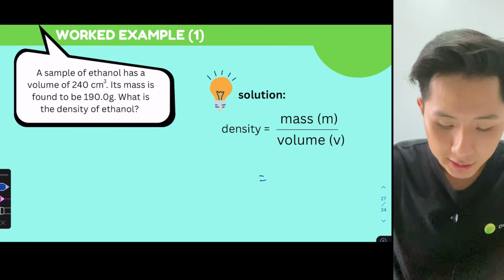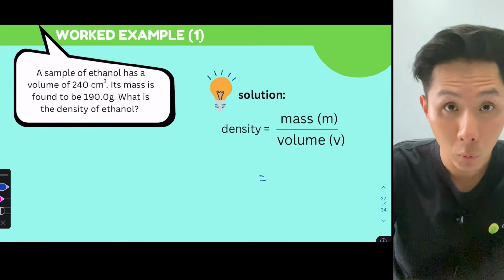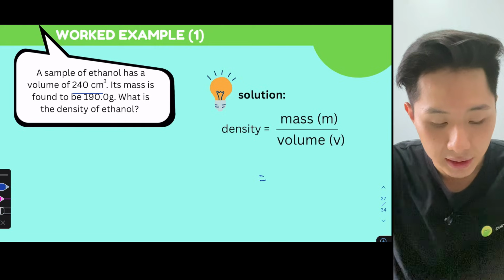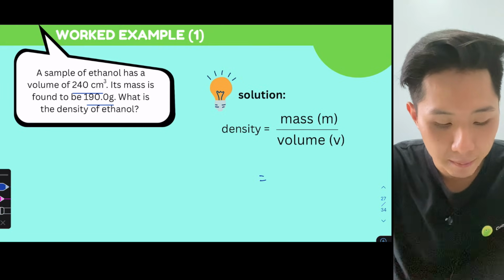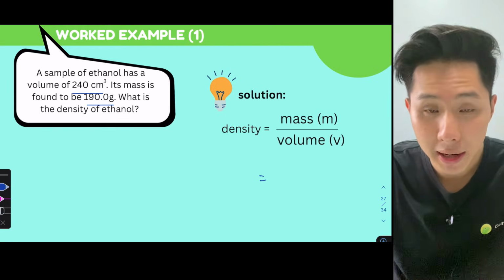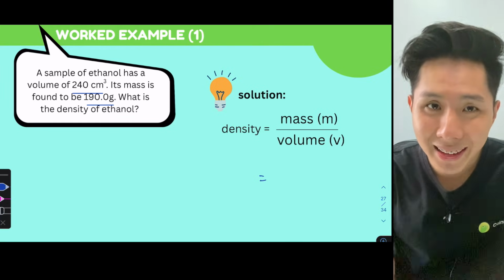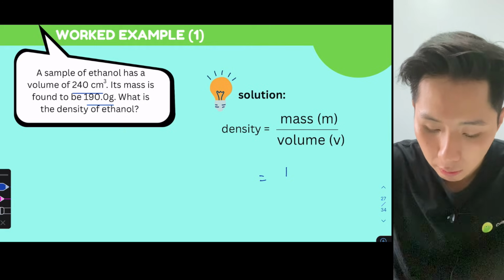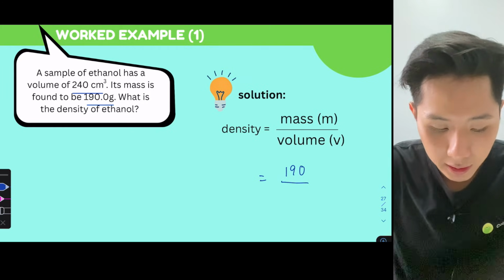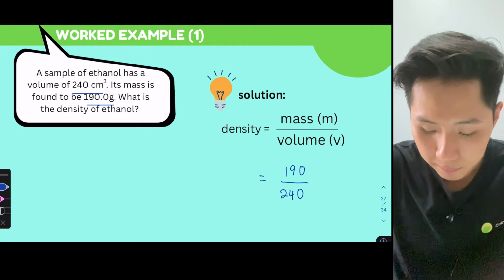A sample of ethanol has a volume, remember to underline the key term, of 240 and the mass is 190 gram. What is the density? Because we know that the mass is 190, we can just plug that value into our equation. 190 divided by the volume, 240.